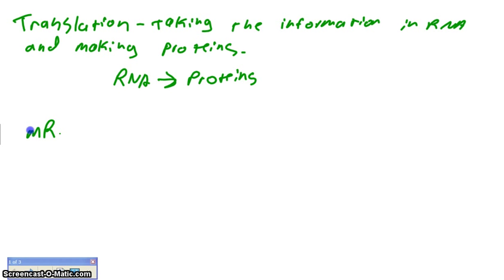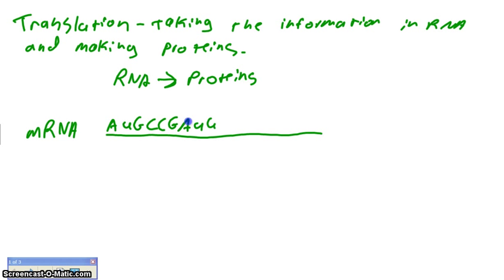So we'll start with mRNA, which is the most famous type of RNA, and it's single-stranded, as we talked about before. DNA is usually double-stranded, mRNA is usually single-stranded, and then we'll write some nucleotides of RNA. So we'll write A, U, G. Remember, in RNA we don't have a T, we have a U, and then C, C, G, and these are just random.